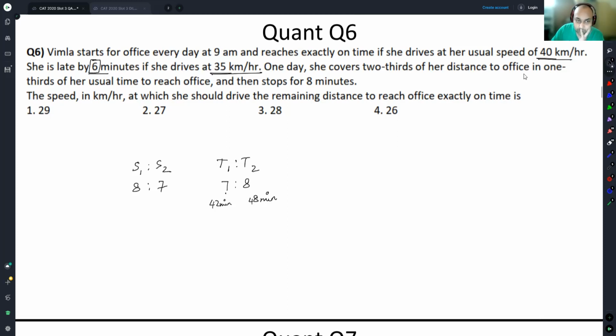See this. She travels with a rate of 40 kmph for 42 by 60 minutes. 3, 2, cancel 14. The distance that she is traveling is 28 kilometers. Distance is 28 kilometers. Speed is 40.